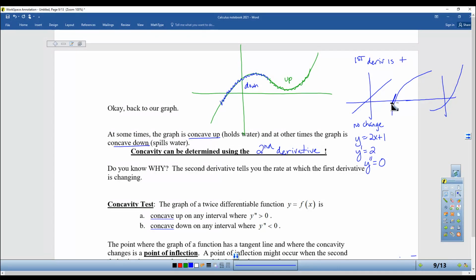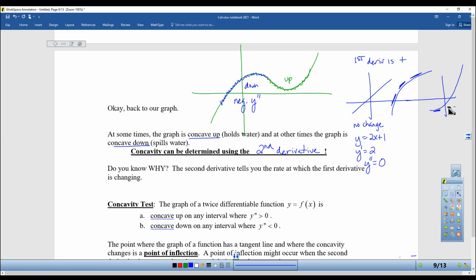First, it's really steep, but then it's less steep and even less steep. So what's happening to the derivative? The derivative, which is the slope, is decreasing. The slope is not negative, but it's becoming less positive. So its second derivative is going to be negative, because it's becoming less and less positive.